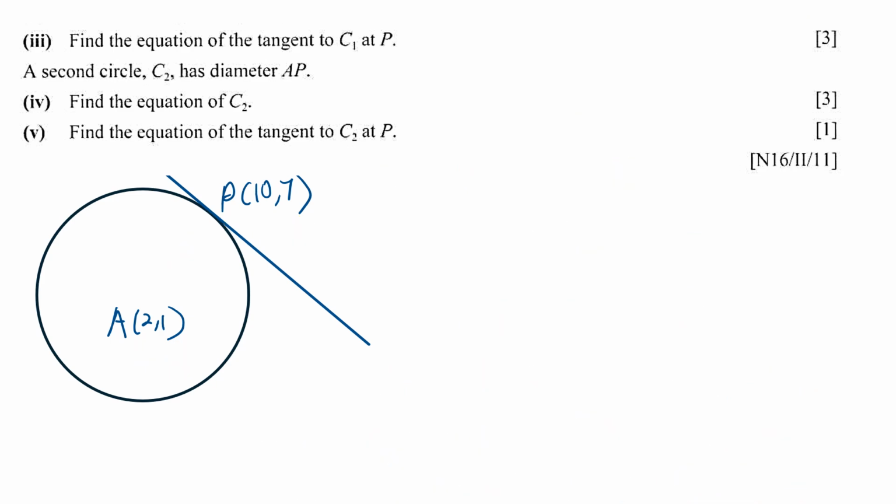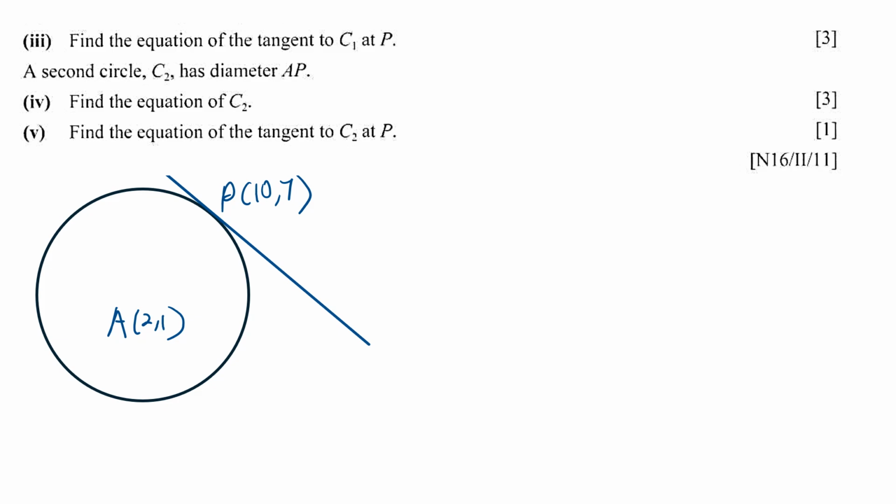Right, so let's look at part 4. In part 4, there is a second circle, C2, such that C2 has diameter AP. That means the radius of your C1 is actually the diameter of your C2. In other words, what do you think the size of C2 would be?